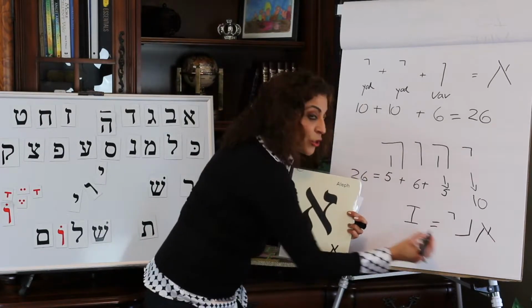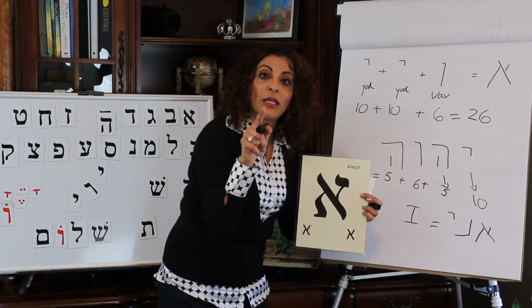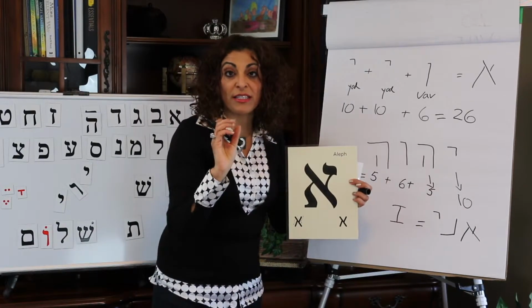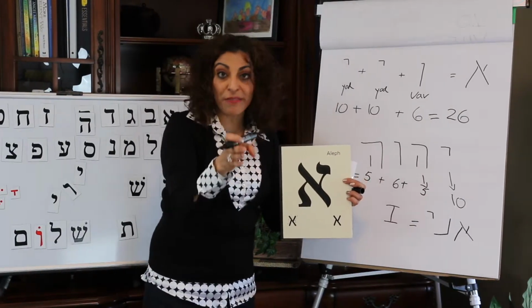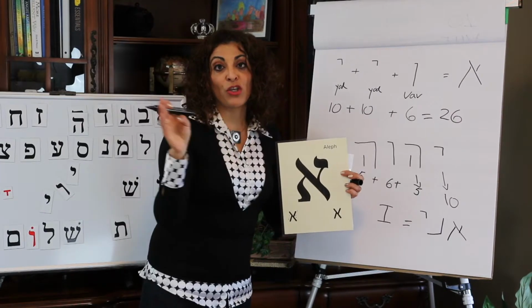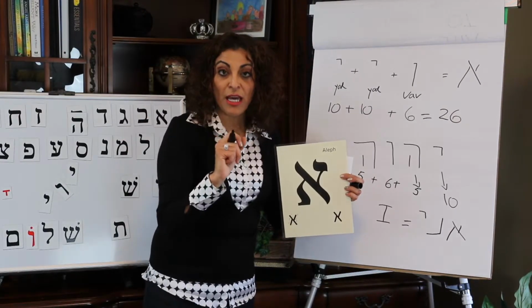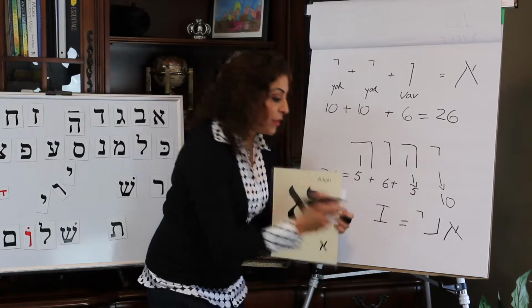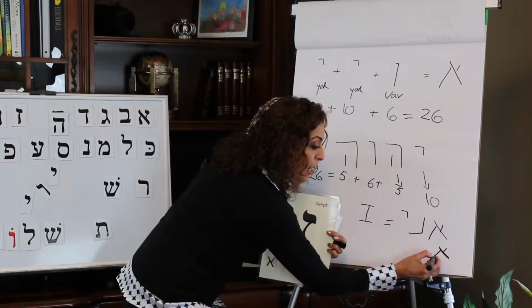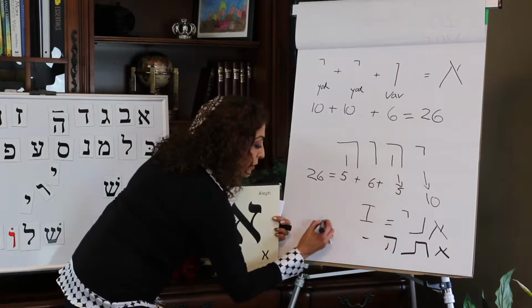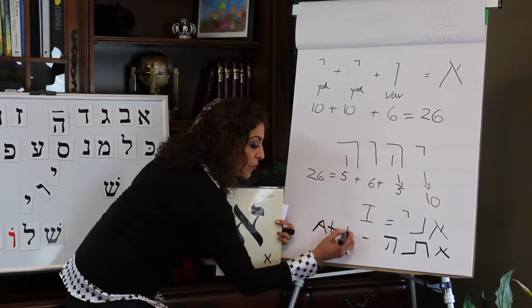The word you, if I was talking to a guy, because Hebrew is a gender-based language, so if I'm talking to David, may be different than if I'm talking to Dina. If I'm talking to David, I'm going to say ata, and I'm writing it in transliteration, ata.